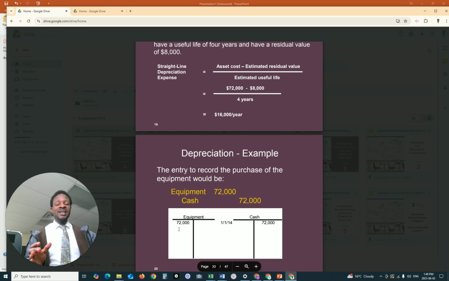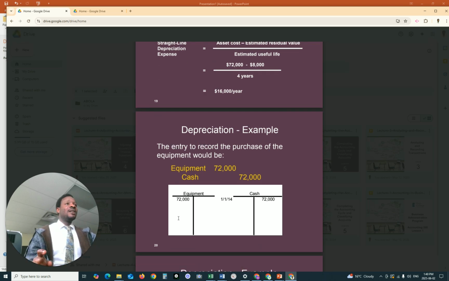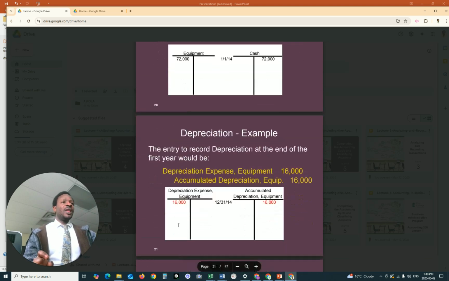So the entry in every transaction that is receiving is debit. The entry that is given out in any transaction is credited. So cash is given out, equipment is received. So equipment is debited, cash is credited, right? You get that?